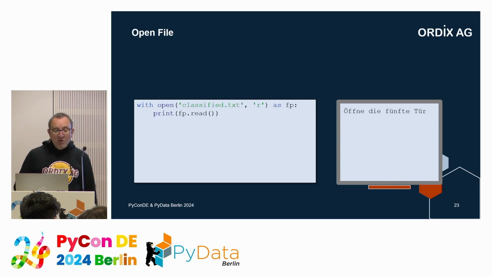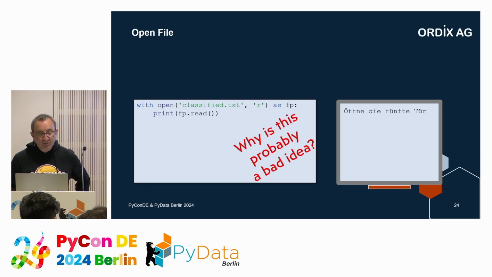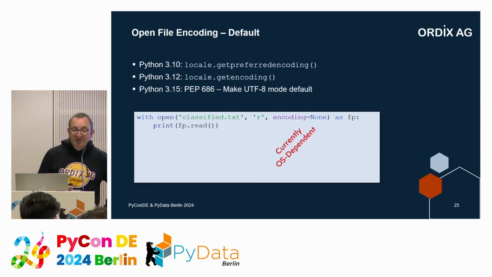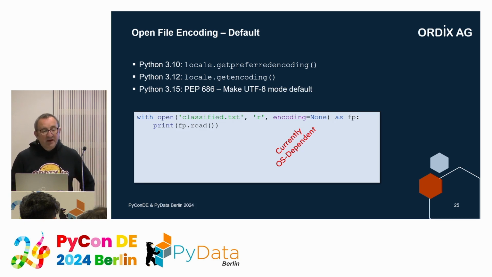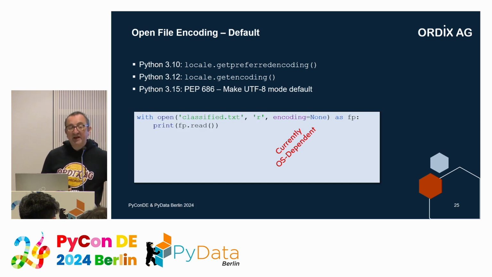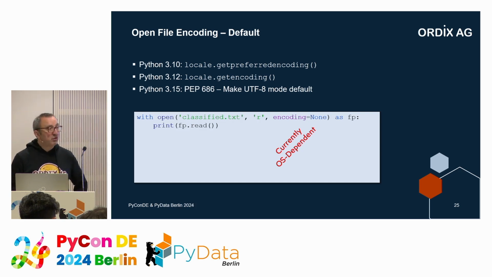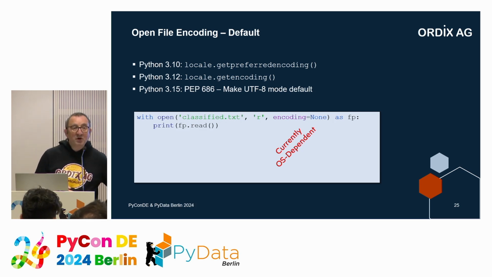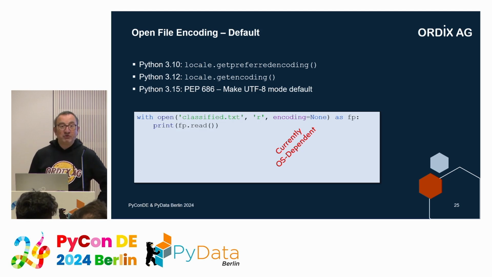And now we have some knowledge about the file, we can open it, but this is probably a bad idea. Why? Because in Python 3.10 and in Python 3.12 we have slight differences in the default encoding, which is currently OS dependent. And in 3.15 PEP 686 is accepted, which makes UTF-8 the default mode.